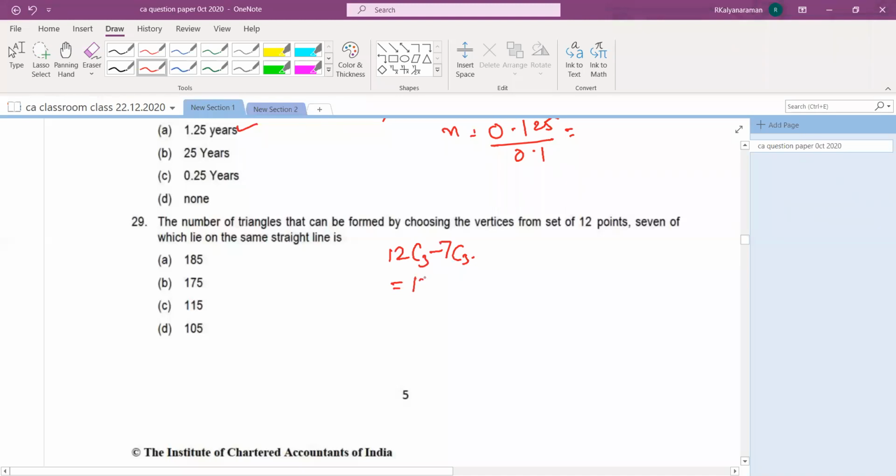So 12C3 is 12 into 11 into 10 by 1, 2, 3, minus 7 into 6 into 5 by 1, 2, 3. So it will be 220 minus 35, which is 185. So I think the answer choice is here.